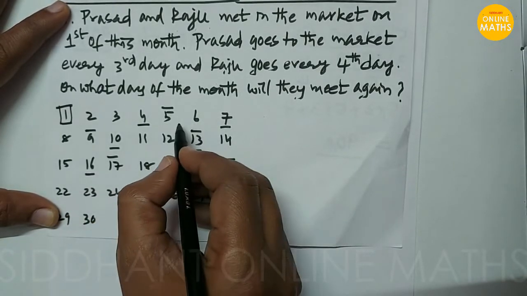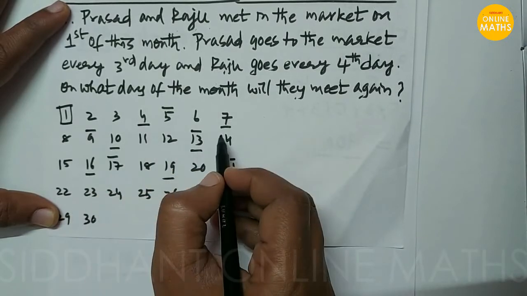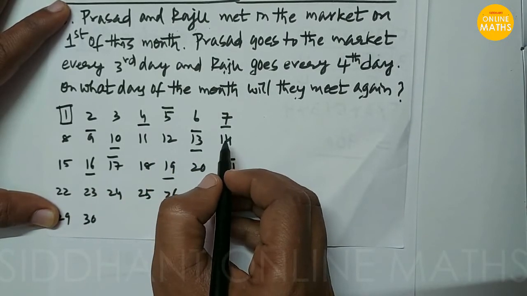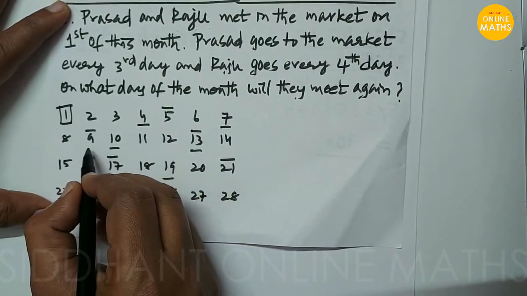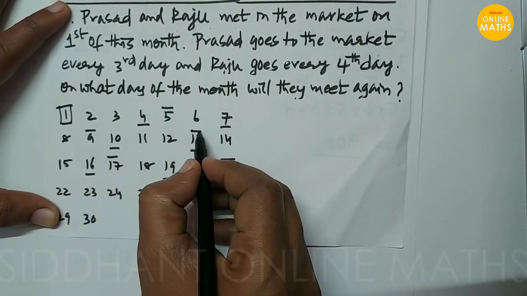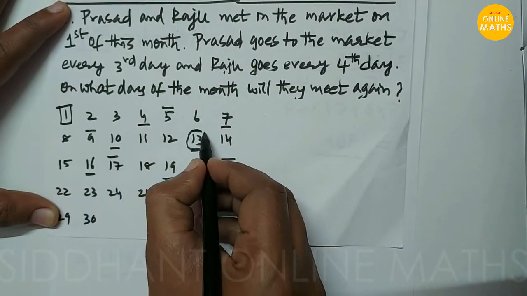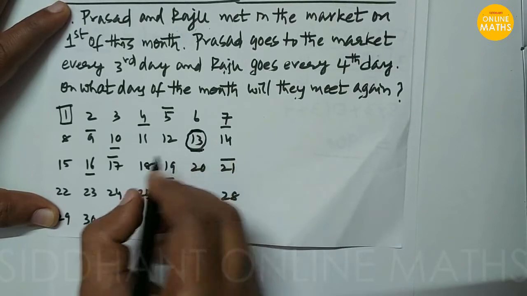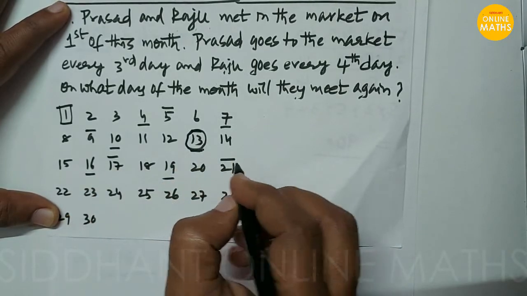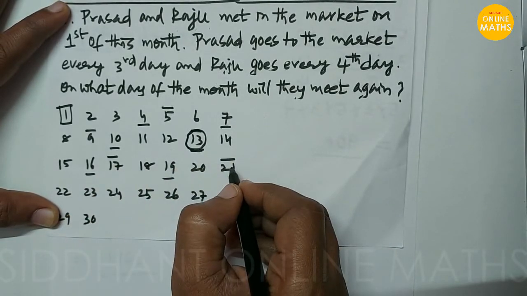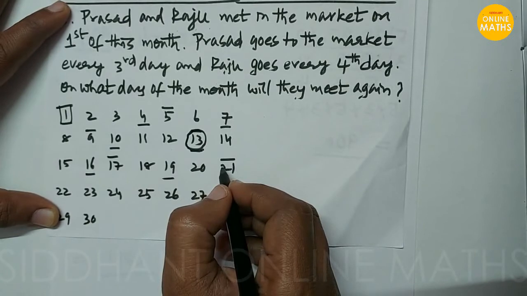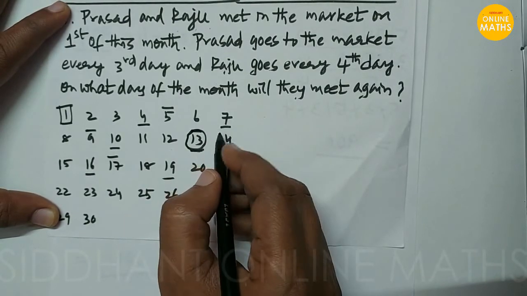So here we are going to see which are the common days for both of them. That means on the 13th day they are going to meet again. So this is the manual way of calculating the problem here.